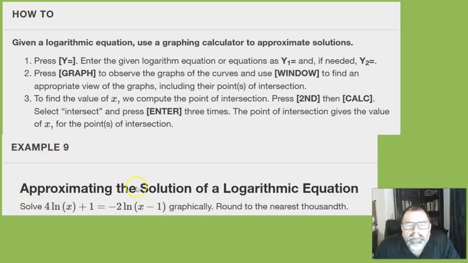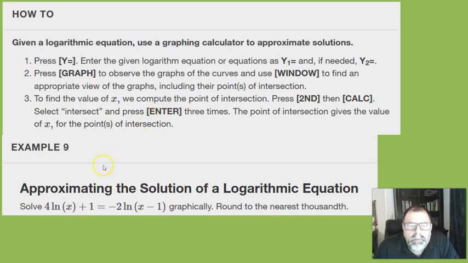Example 9, approximating the solution of a logarithmic equation. Solve 4 times the natural log of x plus 1 equals -2 times the natural log of the quantity x minus 1 graphically. Round to the nearest thousandths. This would be hard to do algebraically. If you have access to a graphing calculator, here's the technique.